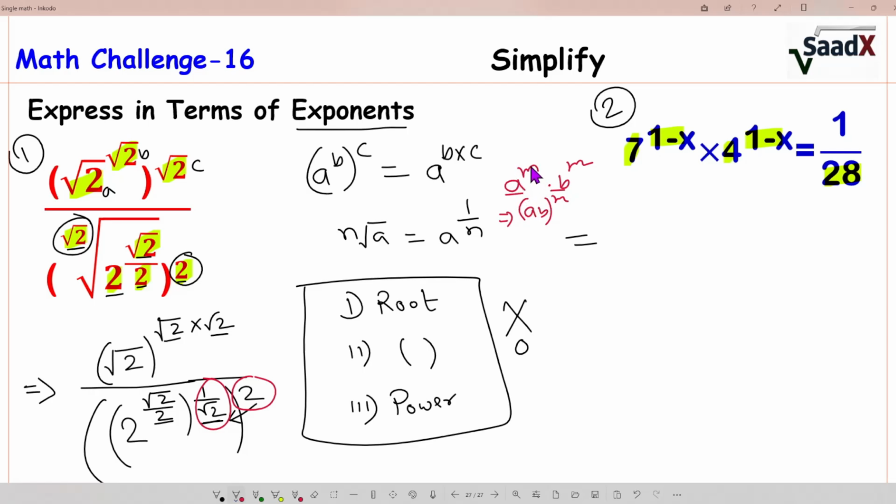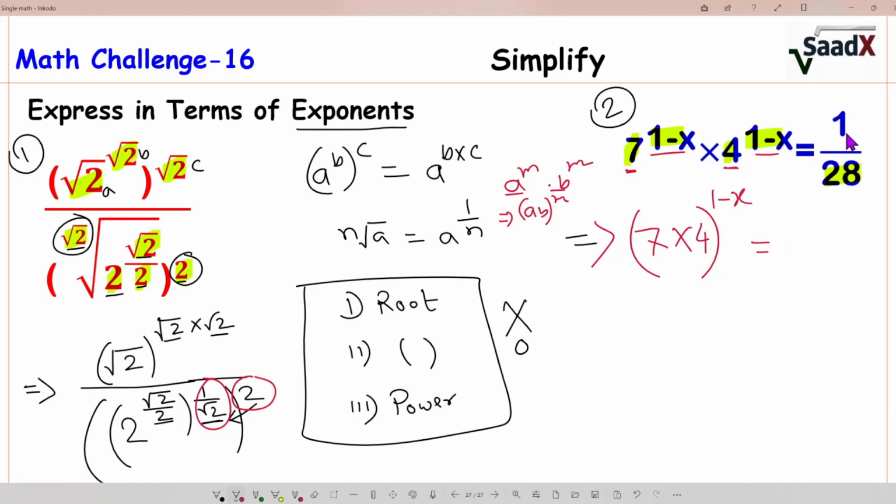So once power similar, we can multiply base, right? A to the power m times b to the power m, we can write ab to the power m. Similar, here is 7, here is 4, but whole to the power 1 minus x. So we can write 7 times 4 to the power 1 minus x.